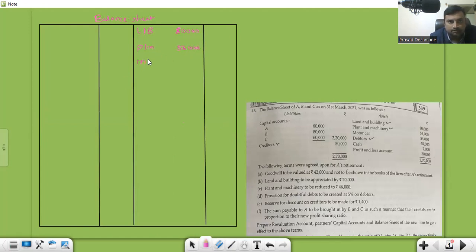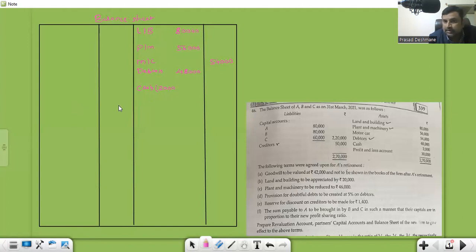Motor car, there's no tick mark, so I can put it out directly, 54,000. Debtors, 48,000. Cash, 2,000. There's a change in the cash, so I'll write this inside.